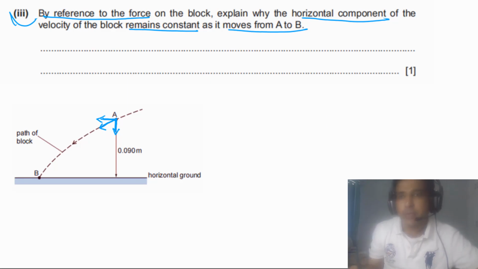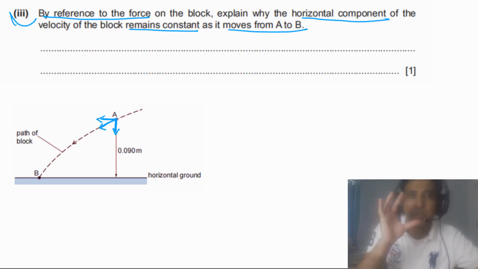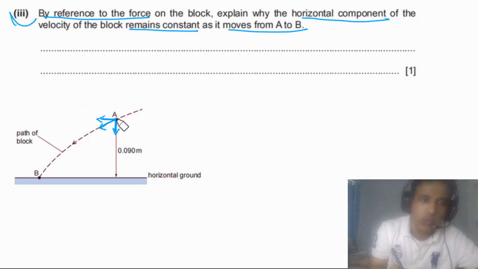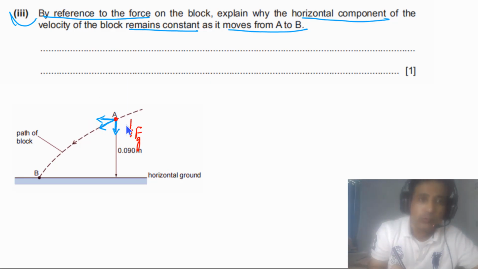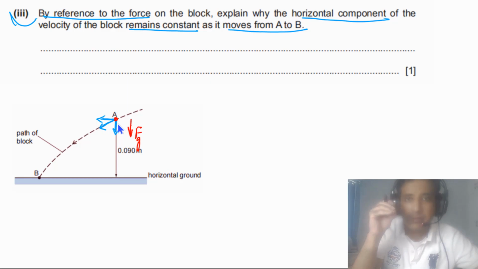And now if you look at the forces acting on this block, there is only one force acting on this block, and that force is force of gravity. So due to force of gravity, the vertical component of the velocity will go on increasing, and as there is no force along horizontal, the horizontal component of velocity will remain constant.